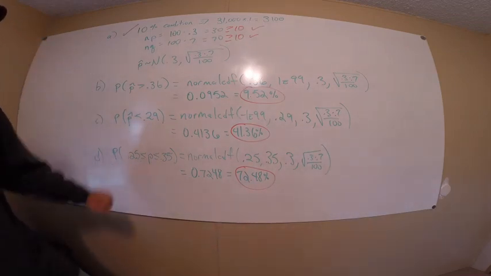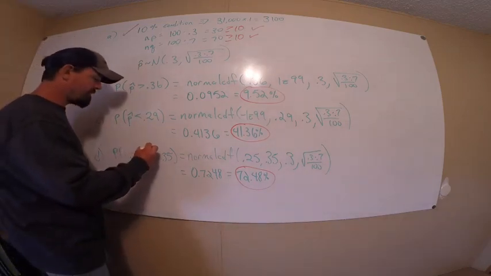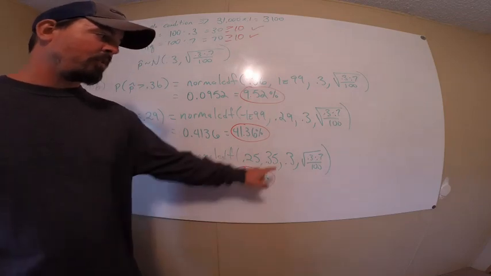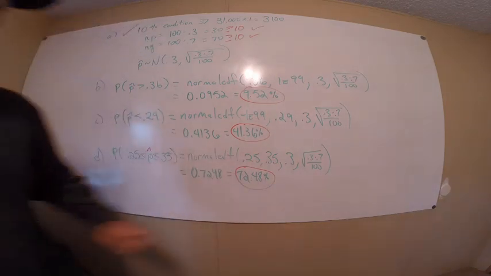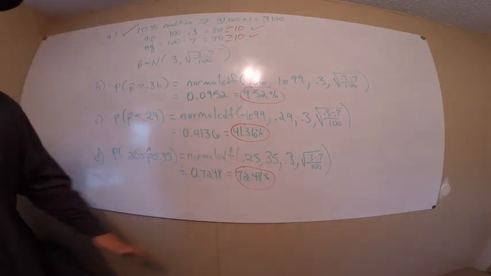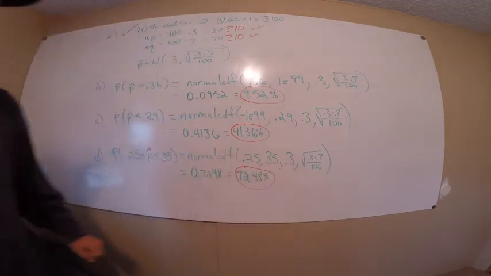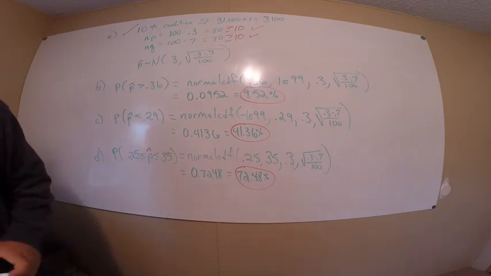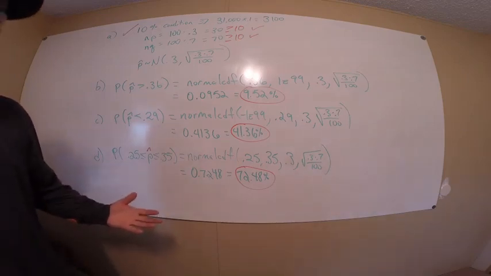Okay, so we've got our probability statement. These should have a hat on it. Normal CDF, 0.25 is our lower bound, 0.35 is our upper bound. Our mean is 0.3. Our standard deviation is the square root of 0.3 times 0.7 divided by 100. We should get 72.48% if you type it in your calculator correctly.